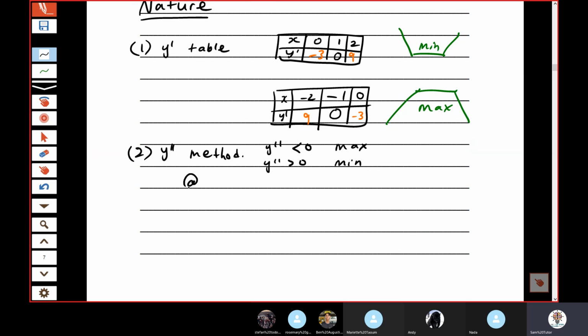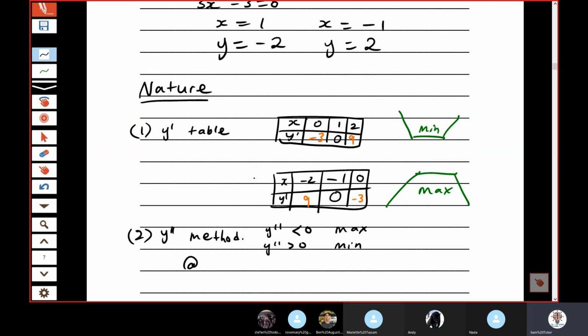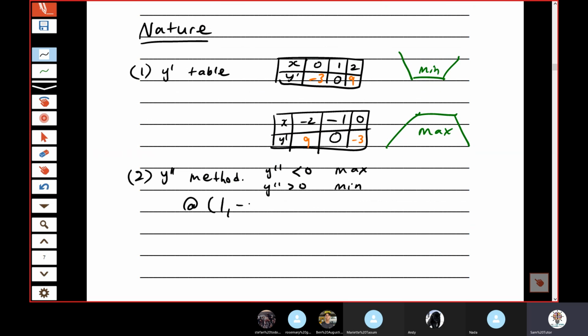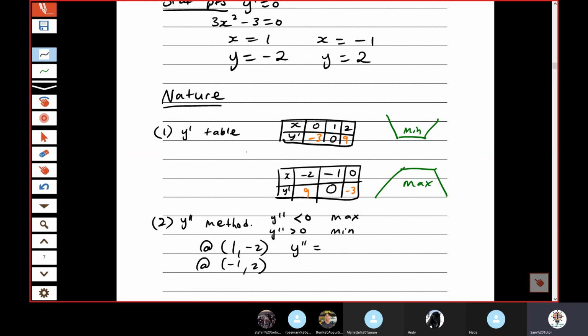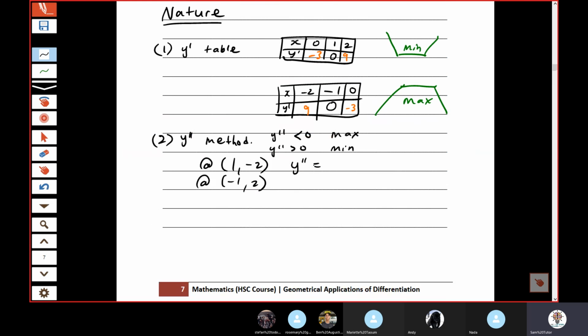Then all you do, you write at the point 1 and -2. 1, -2. At -1 and 2. What does Y" equal to? Let me scroll out for a bit. Y" was 6x, which equals what at this point? 6 times 1.